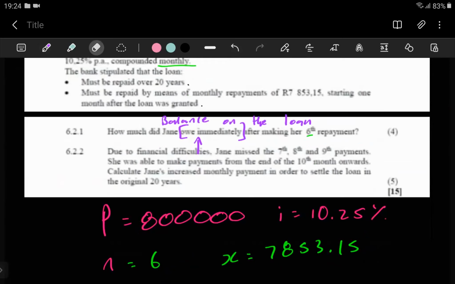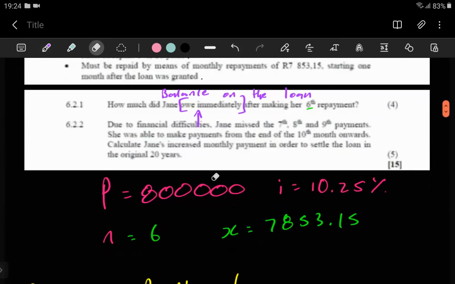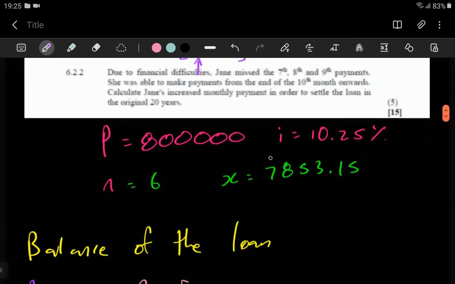The P formula has all these details, so you cannot throw these details into the calculator, because you're not looking for anything if you have everything. In the P formula you have P already, you have N. If you throw in all of these, you won't be working out anything.